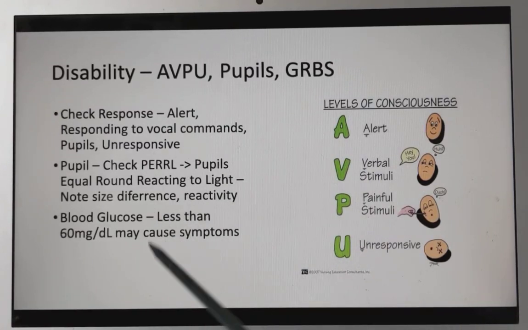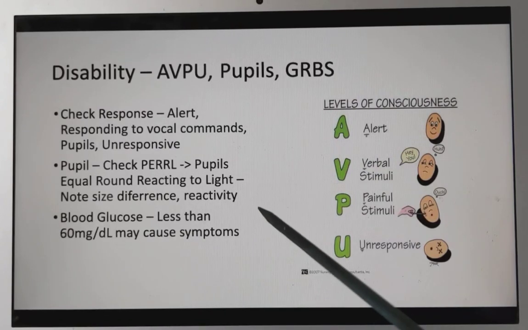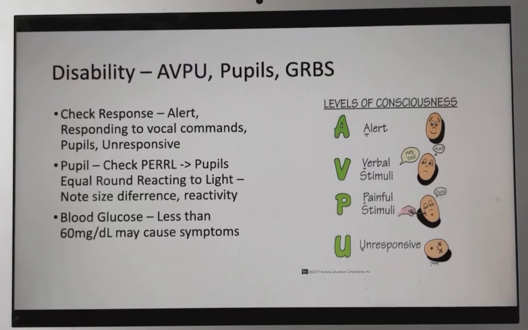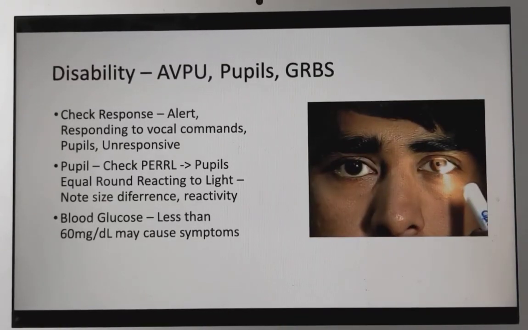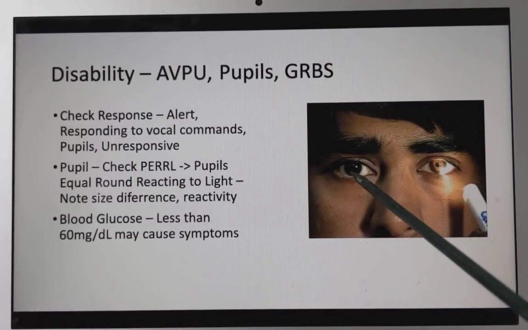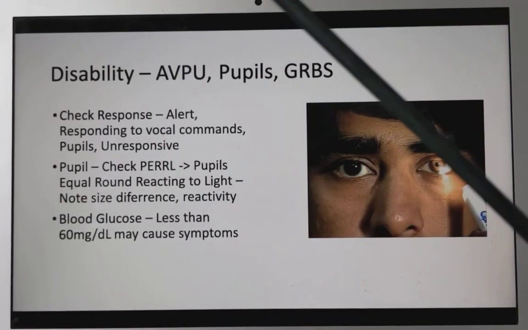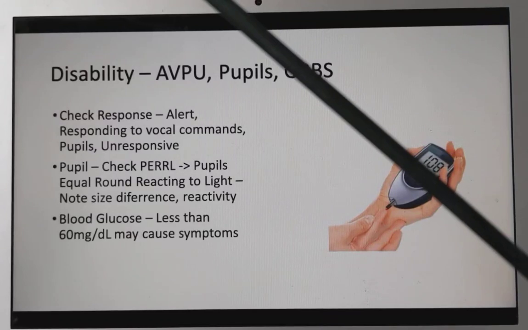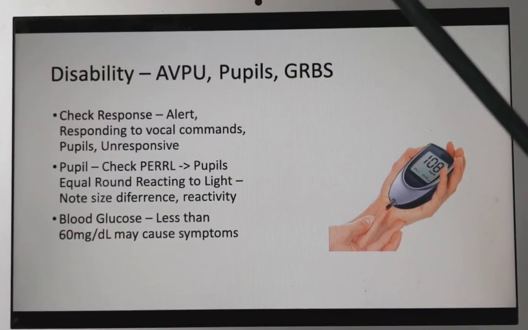So less than 3 may start causing symptoms. Once you've identified this, and this is how you would check your pupils, if they are round, equal, reacting, then the glucometer.